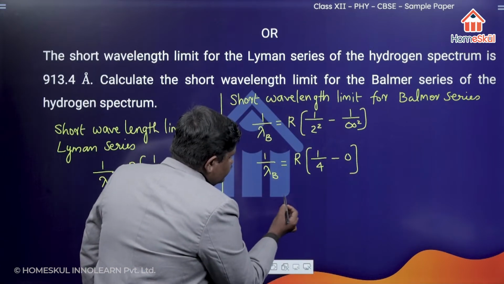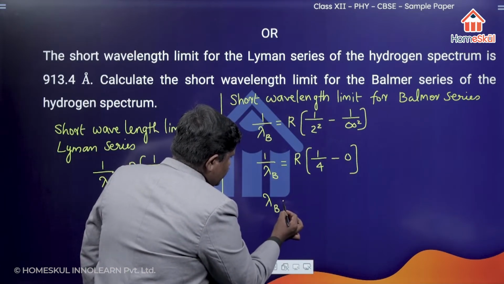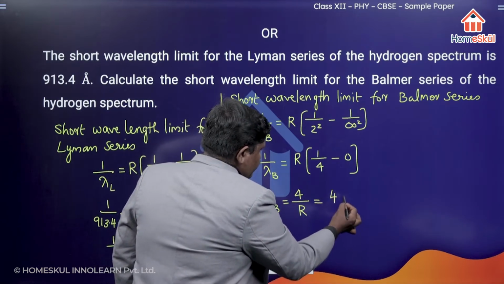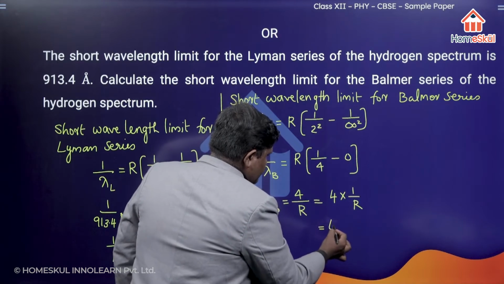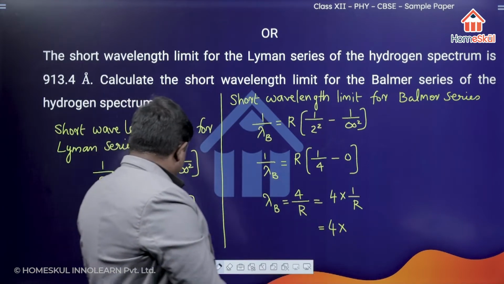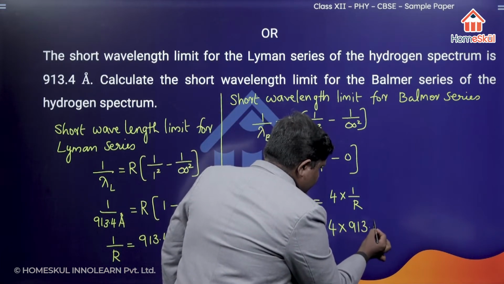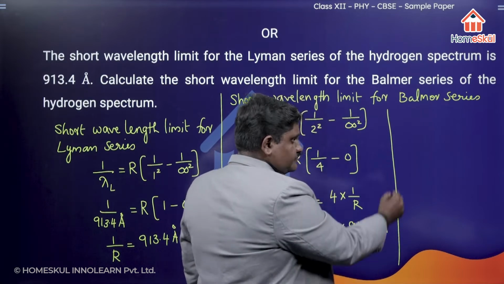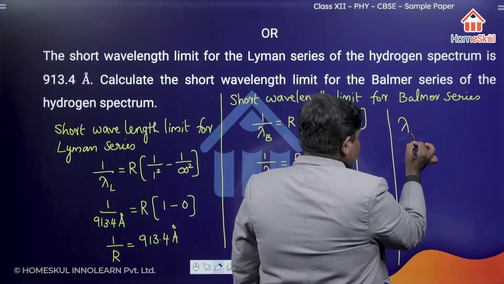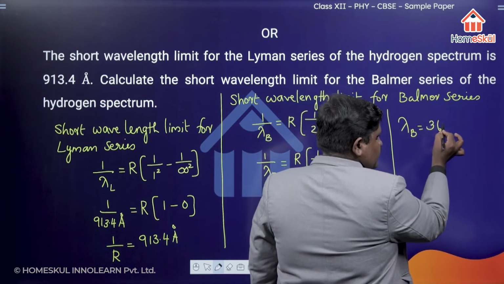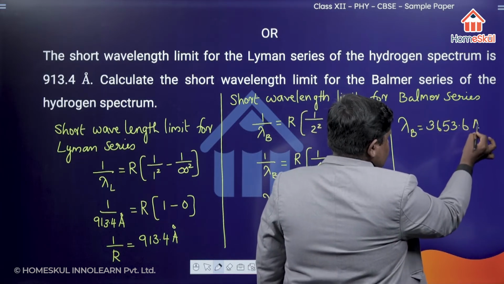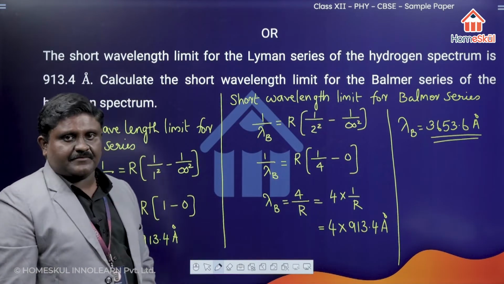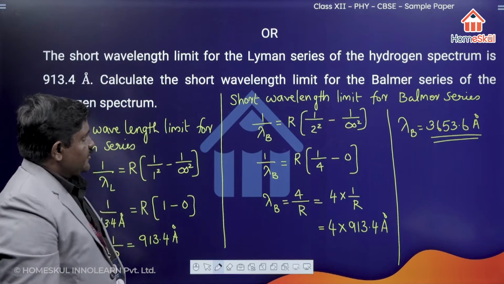Therefore, lambda B is equal to 4 by R, that is 4 into 1 by R. 1 by R is given, that is 913.4 angstrom. Therefore, when we calculate this, we get lambda B equal to 3653.6 angstrom. So this is the answer. Clear?